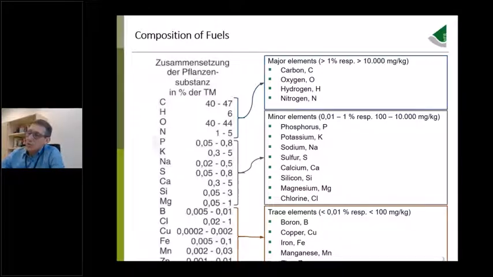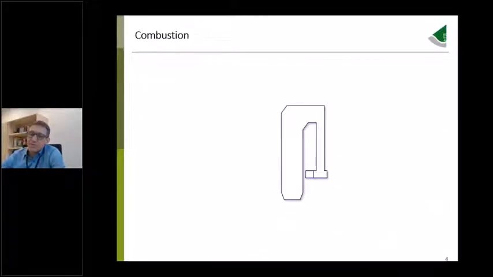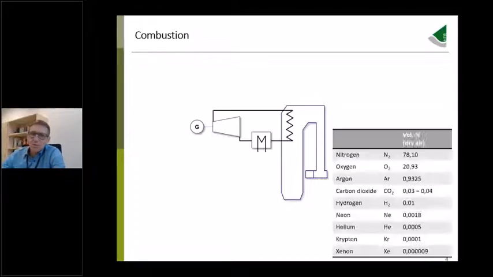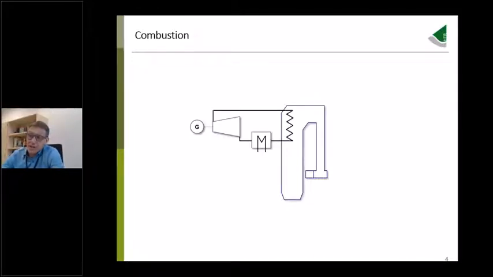So fuel is one decisive factor influencing ash formation. The other factor is the plant itself, which is used in all cases.